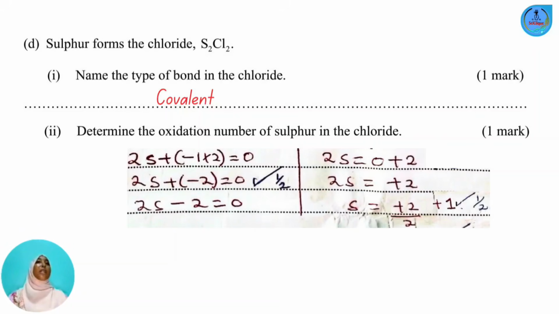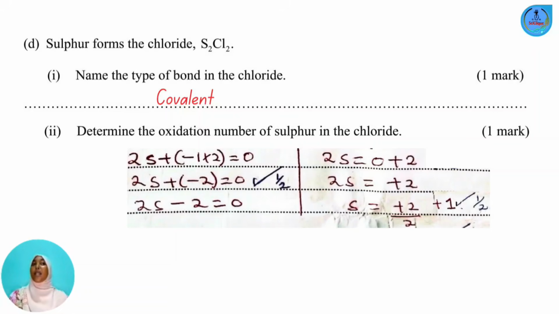It can have -1, it can have -2, quite a couple, but the most common one is -1. So -1 simply means that in a chemical reaction, chlorine will gain 1 electron. Now, how many chlorine atoms do we have? We have 2. So -1 multiplied by 2, so a total of -2 for the 2 chlorine atoms.